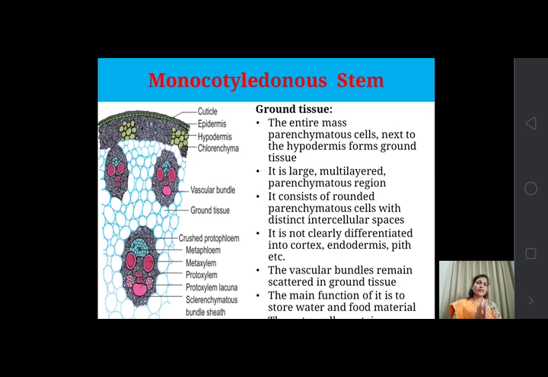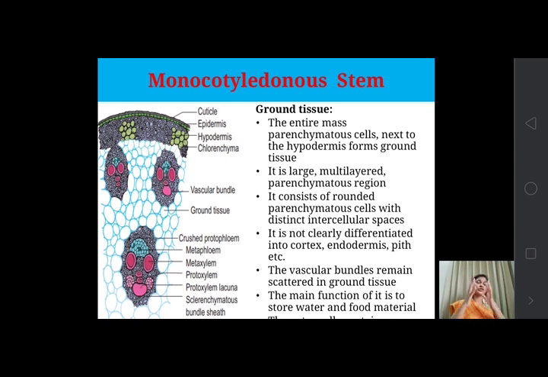Okay, so the main function of the ground tissue is to store water and food material. So this ground tissue, which is made up of thin walled parenchymatous cells, shows intercellular spaces, and they don't show any demarcation line, that is, no endodermis or pericycle is there.